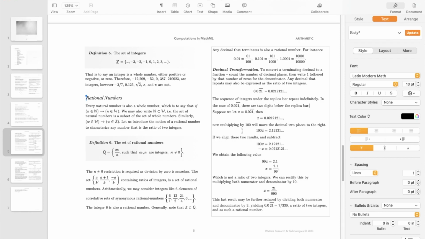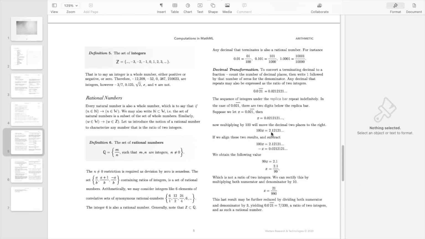Now, multiplying both sides by 100, we'll move the decimal 2 places to the right. We get this expression here. And as we see, the decimal has in fact moved 2 places, 1, 2, to the right.